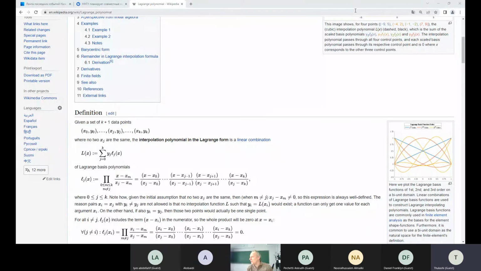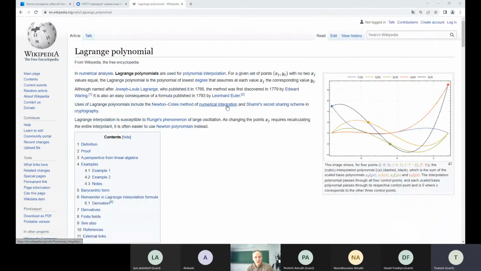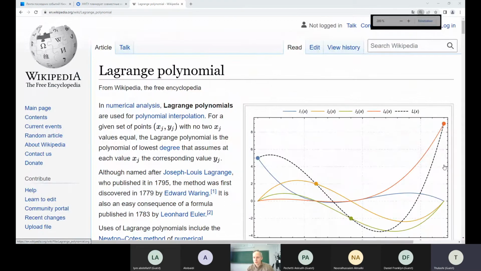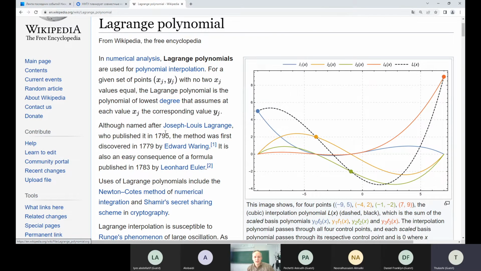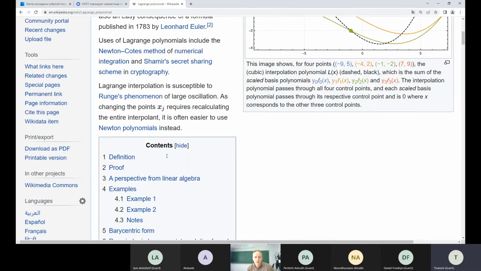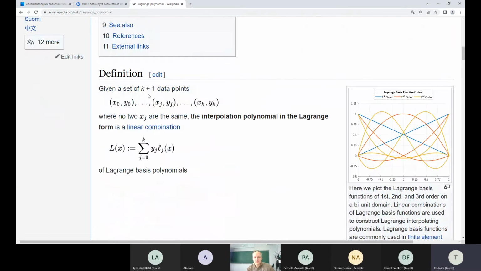If you type in Google Lagrange interpolation polynomial, the first link will be the link to Wikipedia, and you see more or less the same picture that I drew during this lesson, different polynomials, and the problem statement is exactly the same.